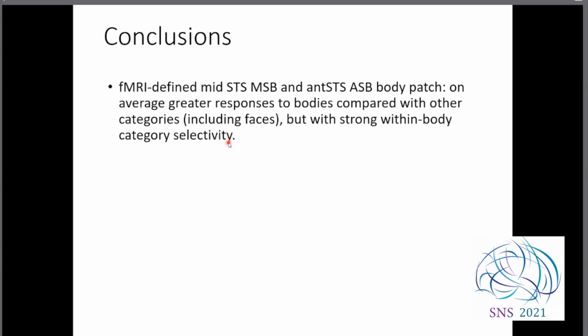They respond to some images and not to other images. For instance, in MSB, we saw that there is a strong dependency on the viewpoint and also on the posture, also in ASB. So they are not body detectors. They show strong selectivity within the body category, which makes them very suitable for analyzing body shape.